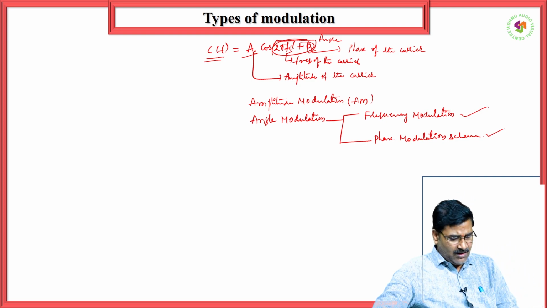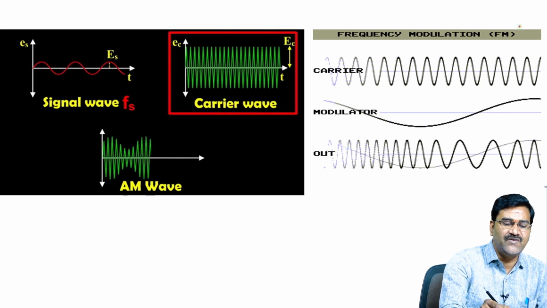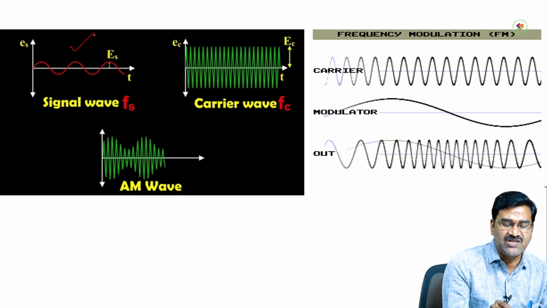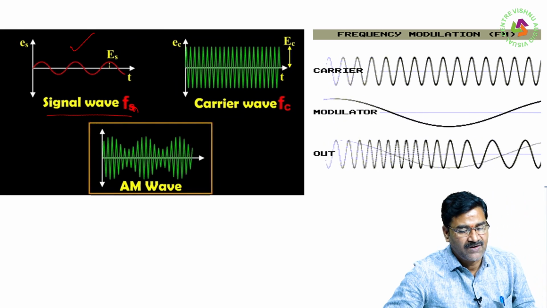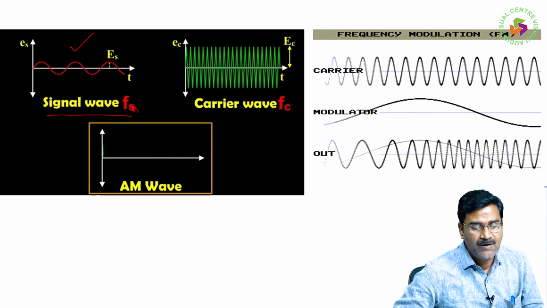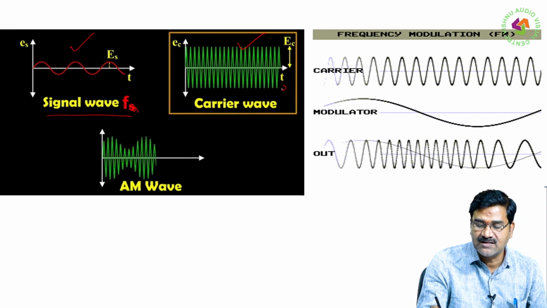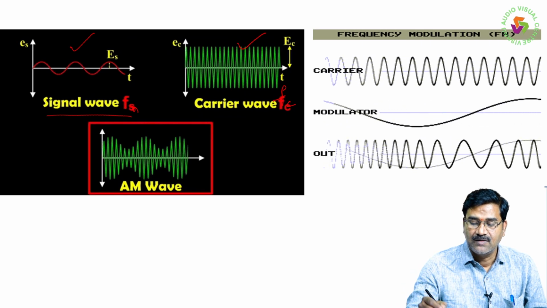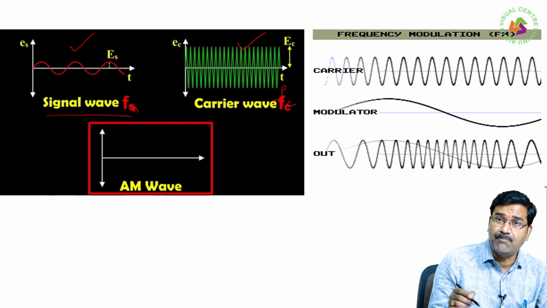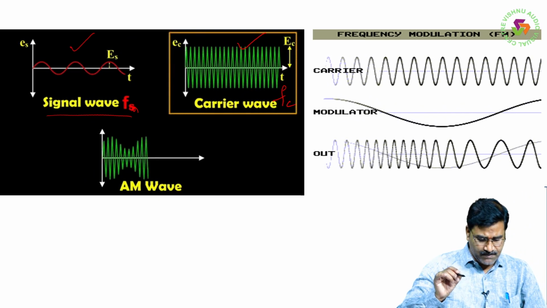Now you can look at the waveforms. See here, this is the signal which you want to transmit, with frequency, let us say, fm. Then you are going to make use of a high frequency carrier with carrier frequency fc. If I apply amplitude modulation, what is amplitude modulation?